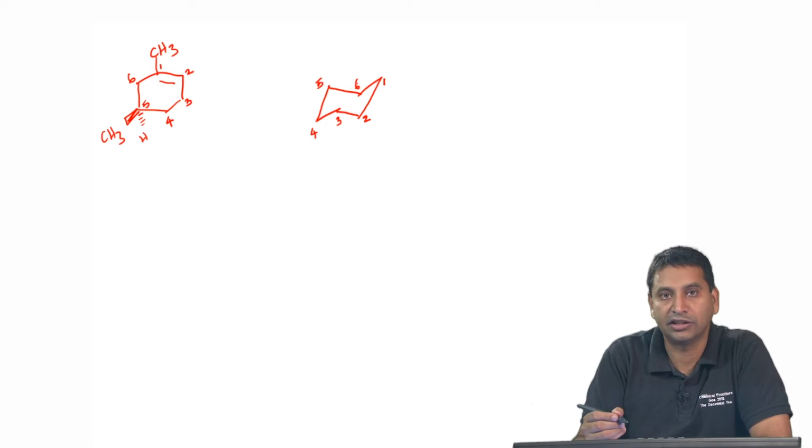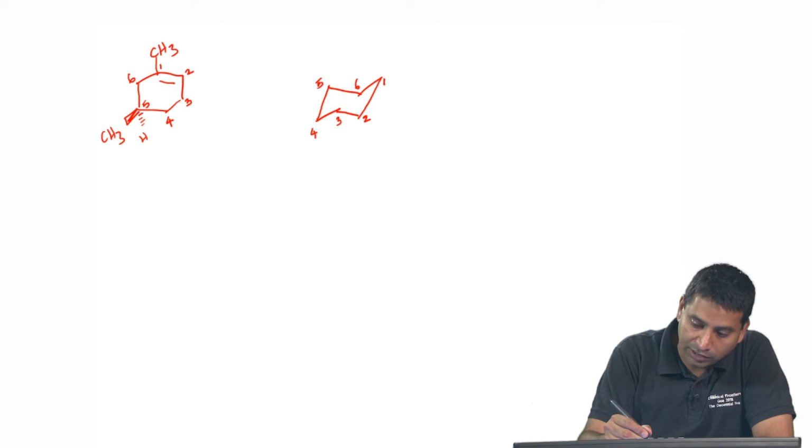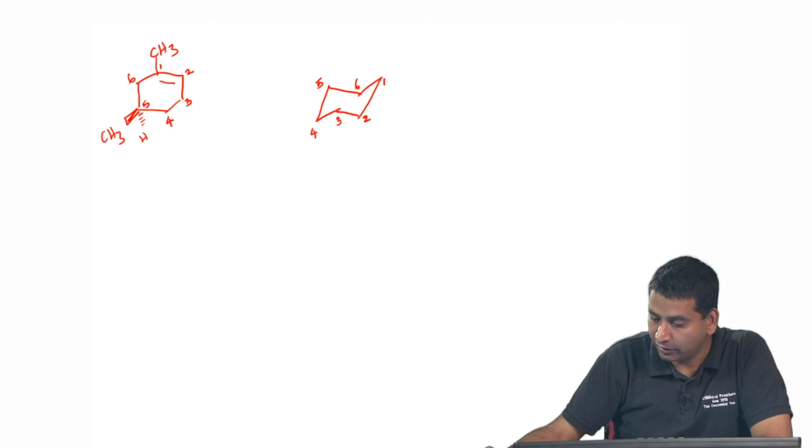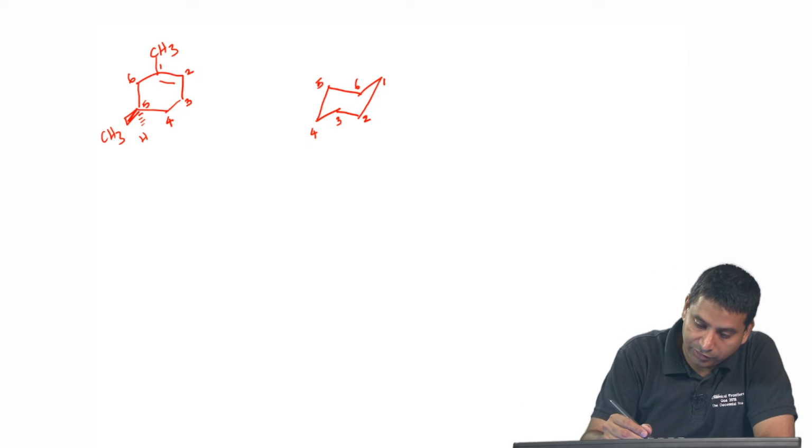Okay. So, that is my 6 membered chair conformation. Now, if I look at the structure on the left, there is a double bond between carbon 1 and carbon 2. Here I am going to start using a different color so that we can distinguish between these two. So, here is my double bond.